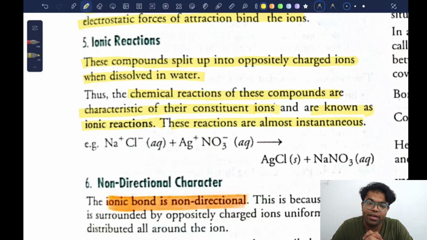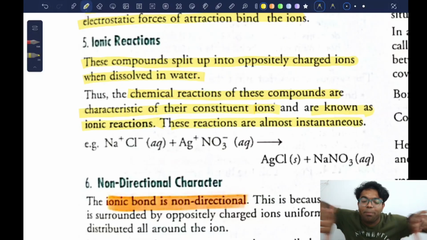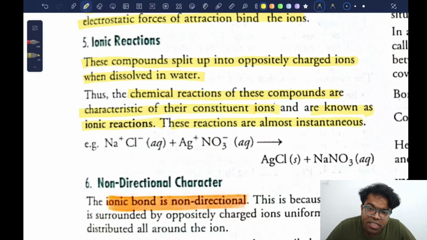When sodium chloride is dissolved in water, as soon as it gets dissolved, it splits into sodium and chlorine. It is ready to react. It is itching to react with something else because it is already separated. That is the reason why they are really, really fast.